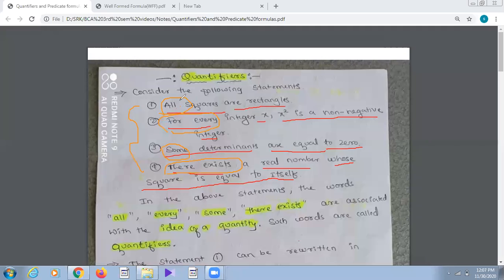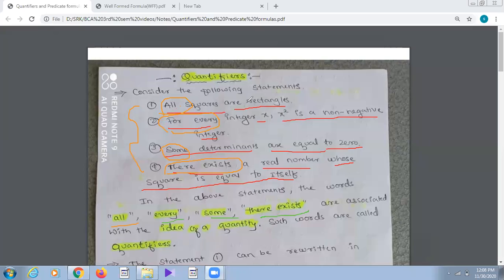What quantity here? All squares are rectangles. For every integer x, x square is a non-negative integer. There exists some real number whose square is equal to itself. So the words all, every, some, there exists are telling about the quantity of a particular idea.